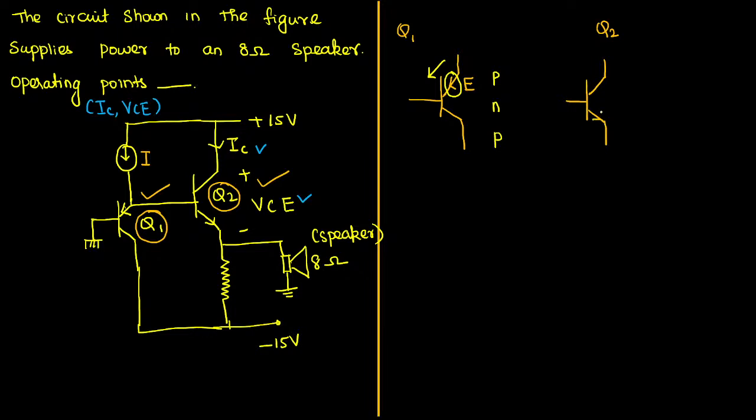See, the direction of the current is highlighted outward. How will you identify it? First of all, identify the current position. This terminal is called the emitter terminal. The second thing is, according to the direction of the current, if the current is going outward, then the transistor is called an NPN transistor.